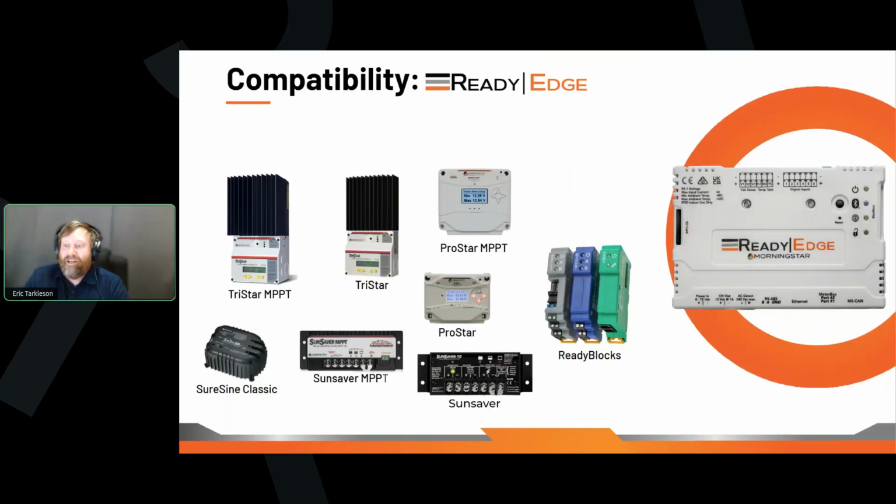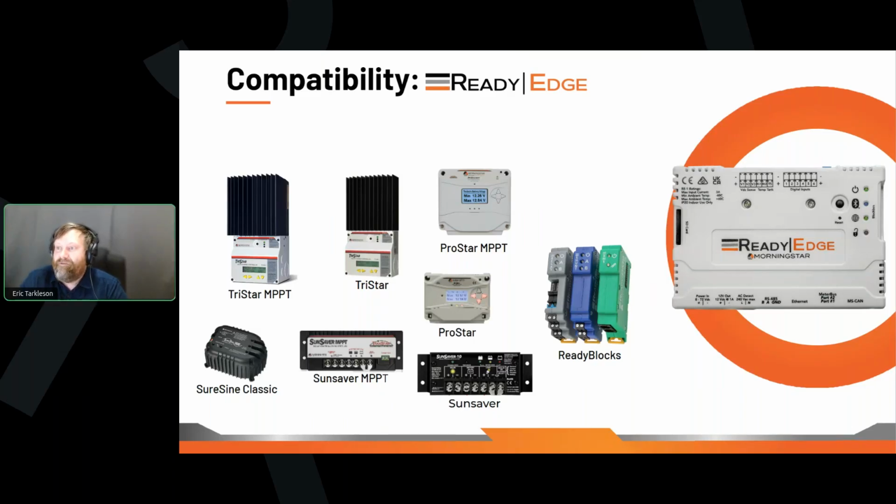So what do I mean when I say we can connect to products? In the last picture, I showed you the ProStar MPPT connected to the meter bus port. Well, the ReadyEdge can connect up to 16 of our devices simultaneously, 2 of them very easily through the meter bus port. So that's all of our products, including the SunSaver PWM controller, which does not have meter bus. So how would we control that?